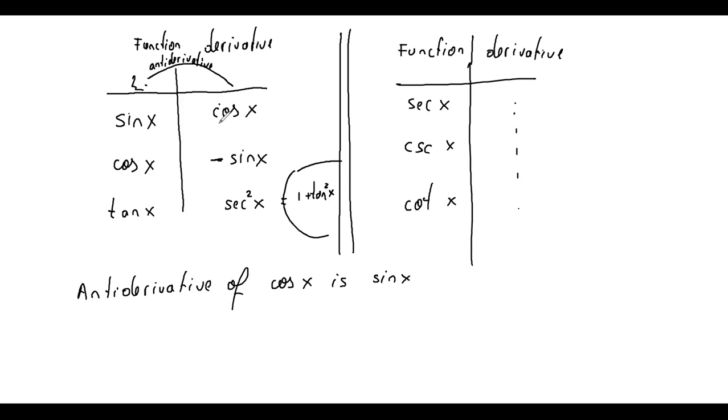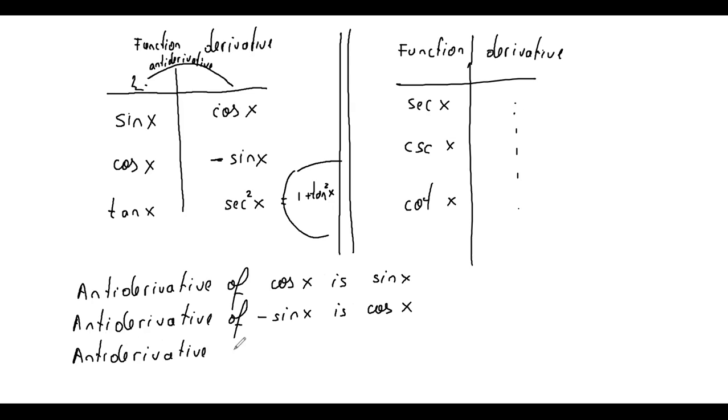As you can see in the table, the derivative of sine is cosine. The antiderivative of negative sine x is cosine x. The antiderivative of secant squared x is tangent x.